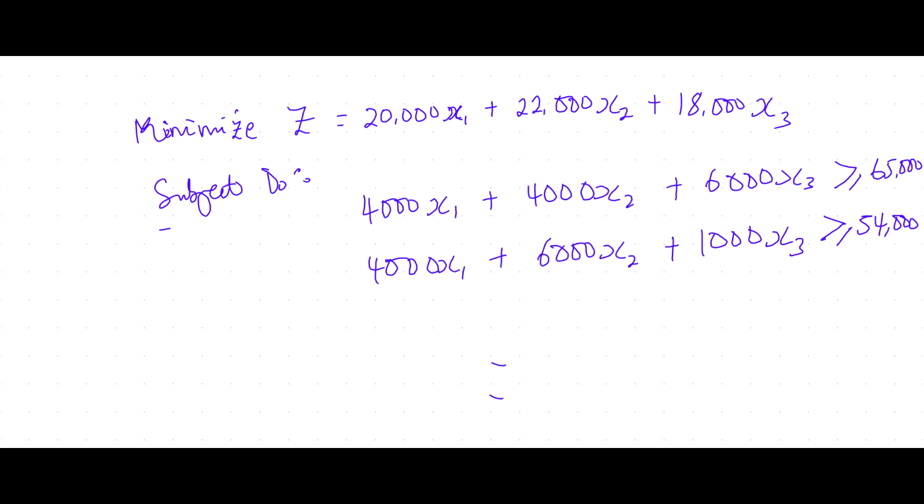So usually all these must be aligned. So let's align them. Say X1 less than or equal to 7, X2 less than or equal to 7, X3 less than or equal to 7, then X1, X2, X3 greater than or equal to 0.